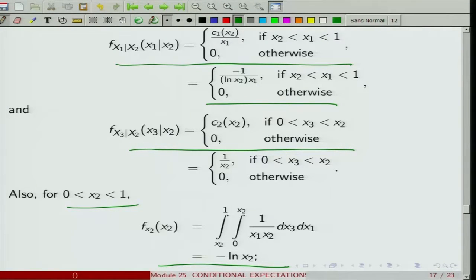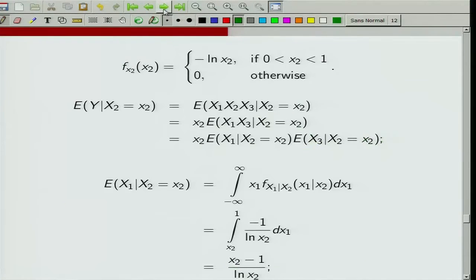This you get from the fact that the conditional PDF is proportional to the joint PDF, and the joint PDF is nothing but some factor of x2 divided by x1. So, x2 by x1; this you can get from the joint PDF of x1 and x2, and this you can get from the joint PDF of x2 and x3. So, the marginal of x2 turns out to be this. This anyway we have found in earlier modules.